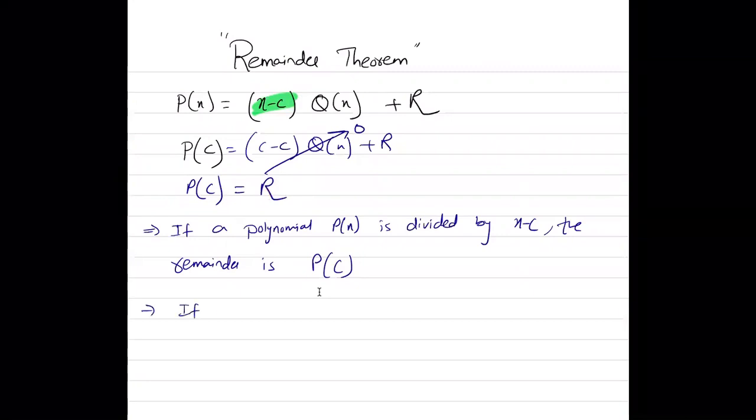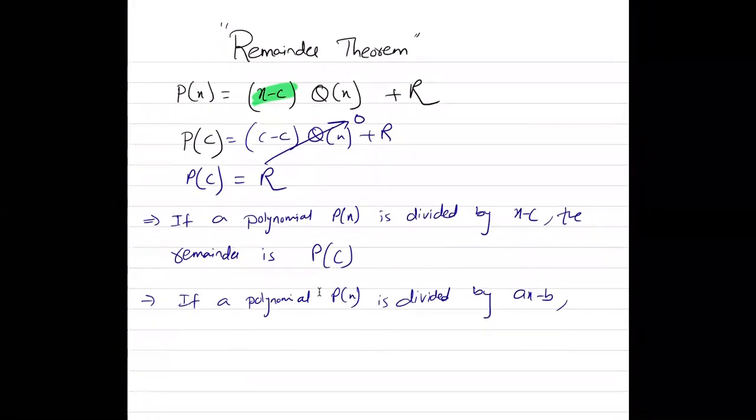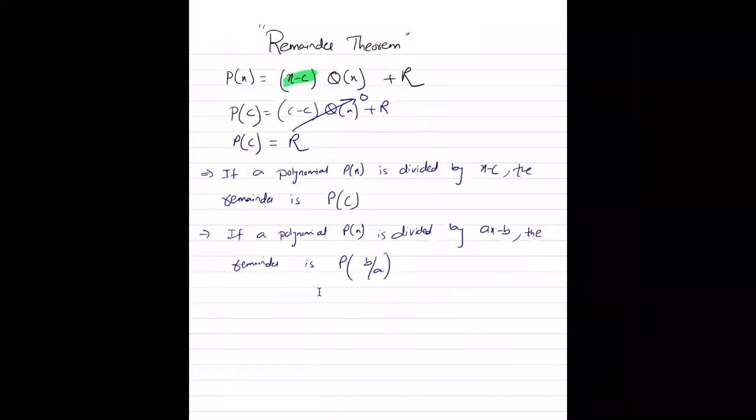Similarly, if a polynomial p of x is divided by ax minus b, if it would have been a linear expression like this, the remainder is going to be p of b upon a. So whatever value you get after plugging b upon a in the polynomial, that is going to lead you to the remainder. Is this concept clear? Yes, sir.